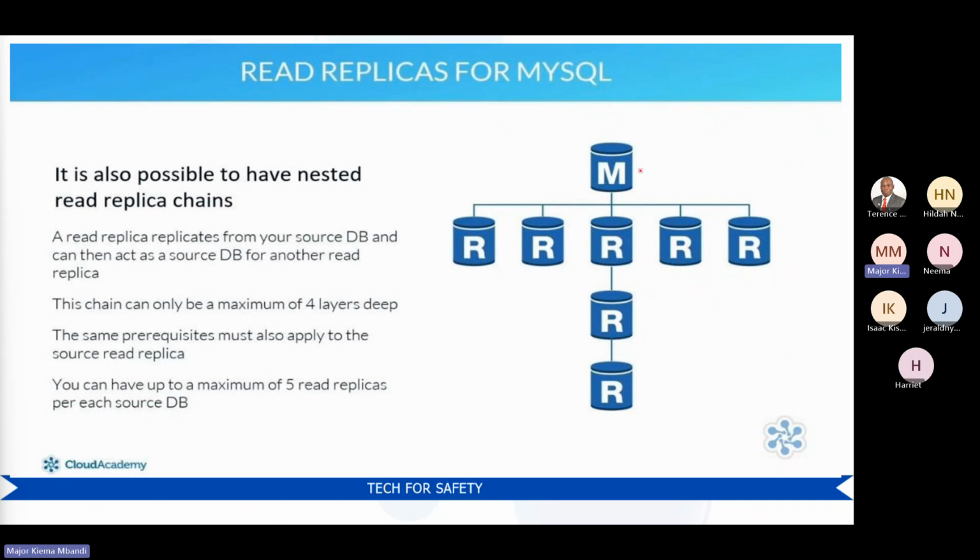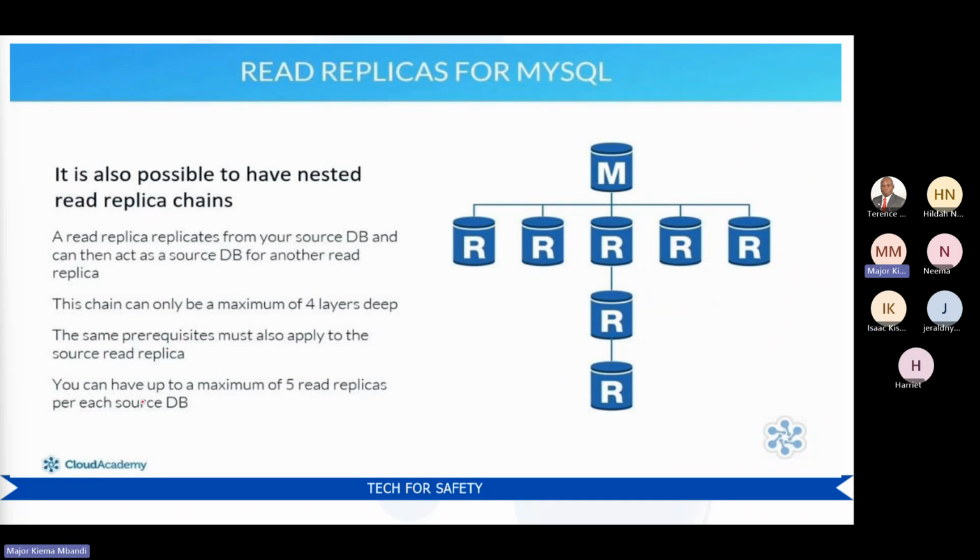So this is the source, also the primary, and it can have 5: 1, 2, 3, 4, 5. And the levels can be up to 4. You can see this one is the source and it's serving this. This is second, this is third, and this is fourth.